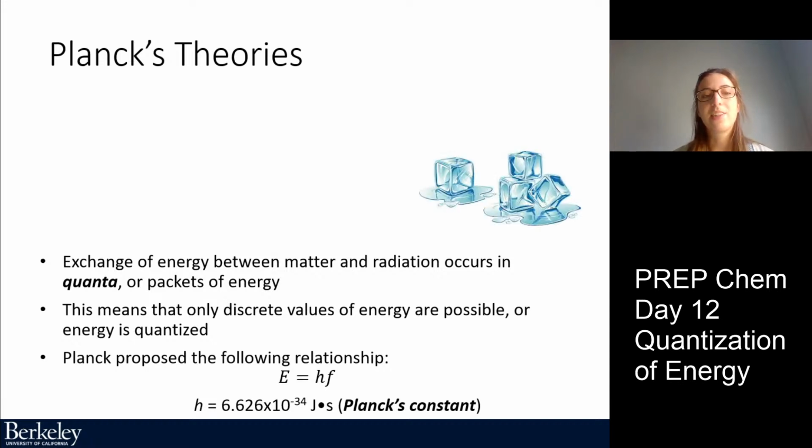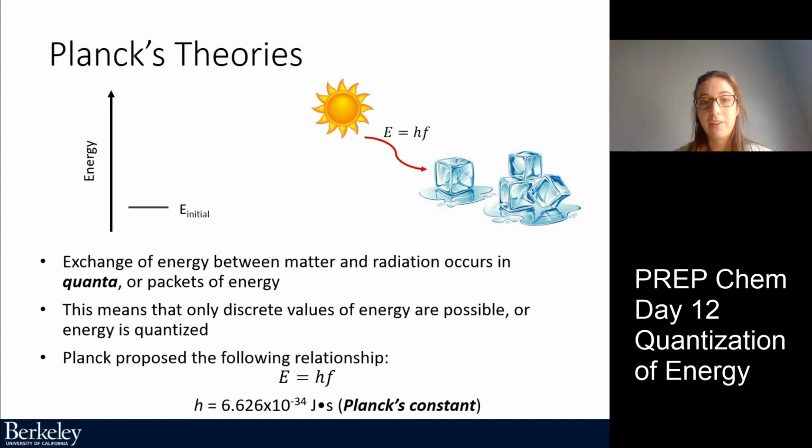Okay. So let's think about what this quantization of energy actually means. Say you have a bunch of ice cubes. If you wanted to plot the energy of those ice cubes, you could say that the ice cubes have some initial energy right now. And then say you put your ice cubes out in the sun. The sun emits light, so there will be some electromagnetic radiation coming from the sun, and this radiation will have a characteristic frequency. We can use Planck's relationship to calculate the energy of that light.